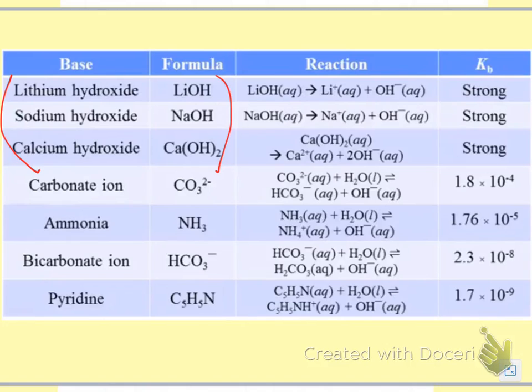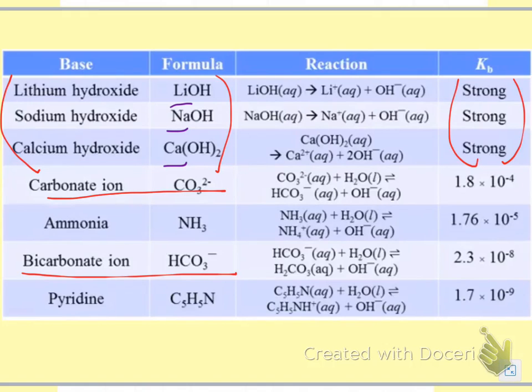Okay, so here's a list of a variety of bases. If I look at what's common here, all of my hydroxides are at the top and they are all strong. So most hydroxides of group 1 and 2 metals are going to be strong bases.